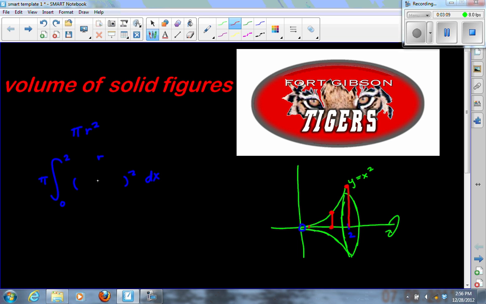So the radius is x squared. So pi times the radius all squared dx. And then you just integrate like normal.